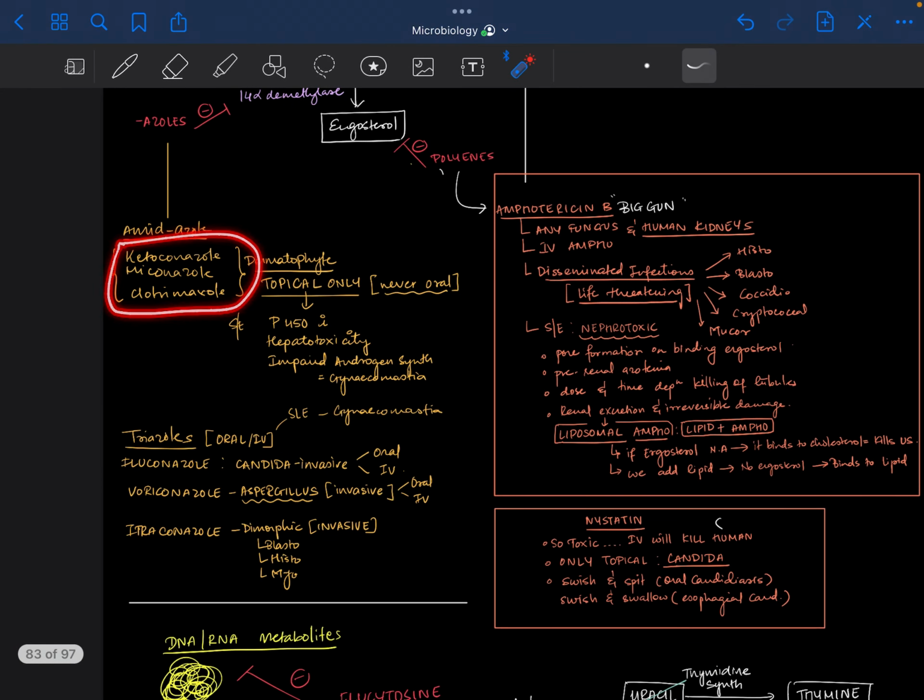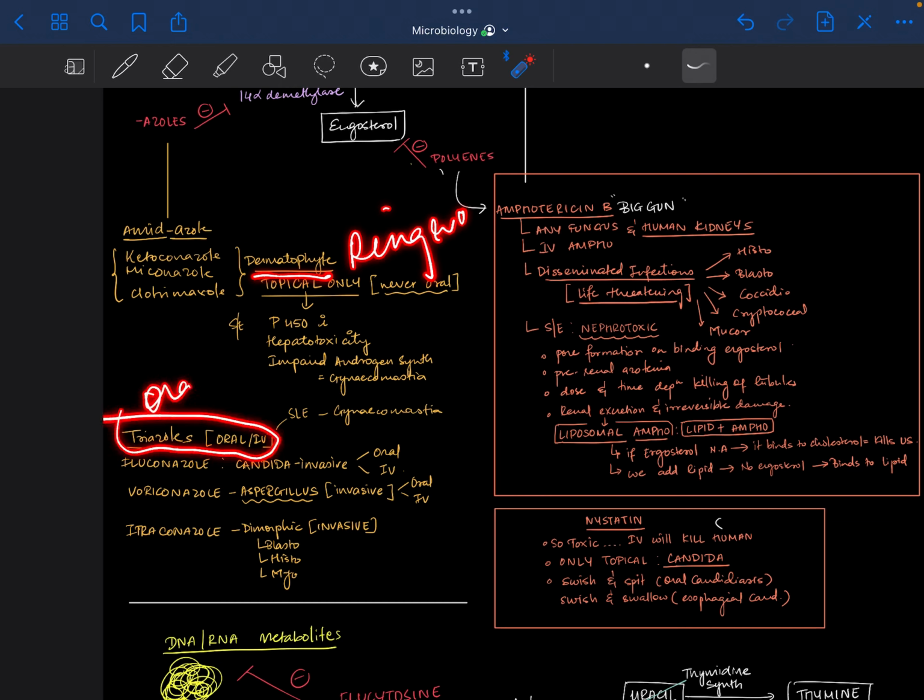The first group is imidazoles, which were topical only because they have a lot of hepatotoxicity, so they will always be topical for dermatophyte infection, ringworm, tinea. Triazoles were always oral. Okay, these will also give gynecomastia. Fluconazole for candidiasis, which is invasive.